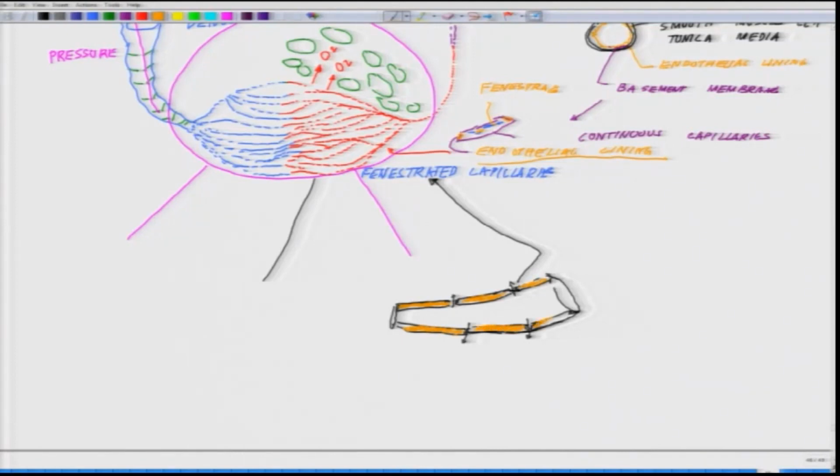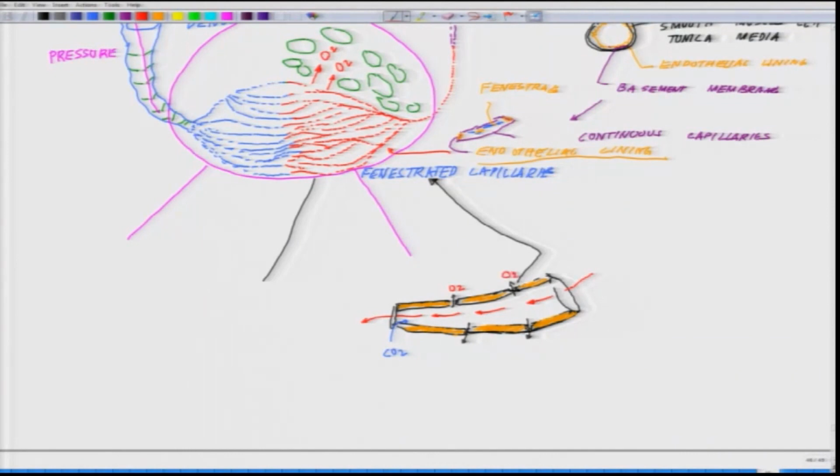And the blood flows through this tube, and this is where the exchange of oxygen and collection of carbon dioxide takes place.